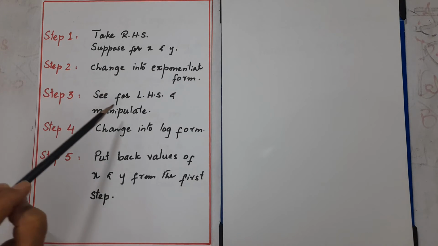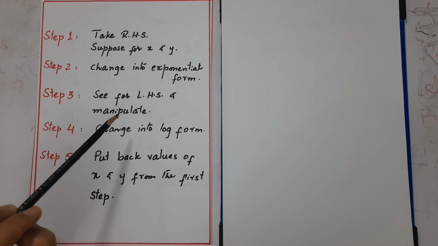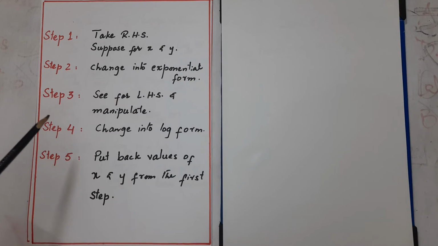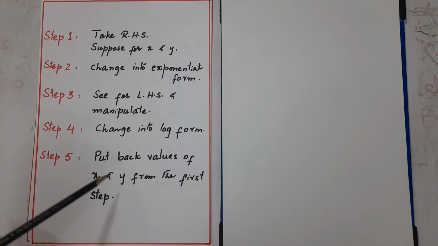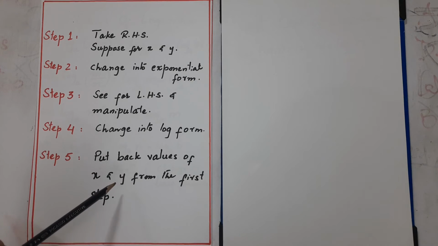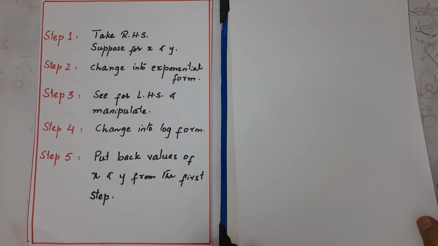For the proof, we look at the left hand side and manipulate it according to the requirement. Then we convert back into logarithmic form and put back the values of x and y from the first step. These steps seem haphazard right now, but when we work with the proof, you are going to see how helpful they are and how magically the laws get proved.